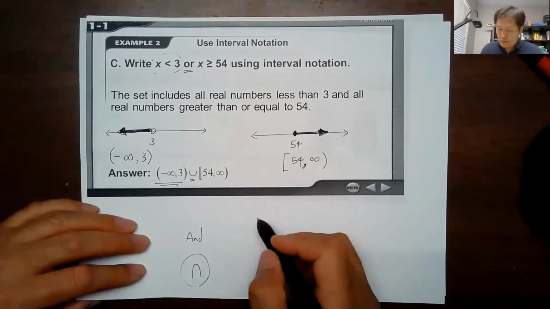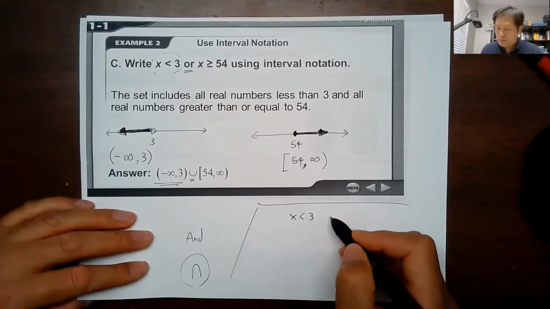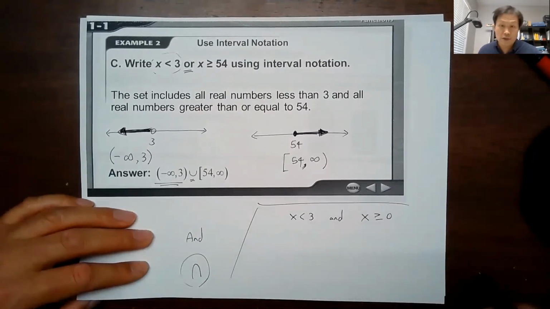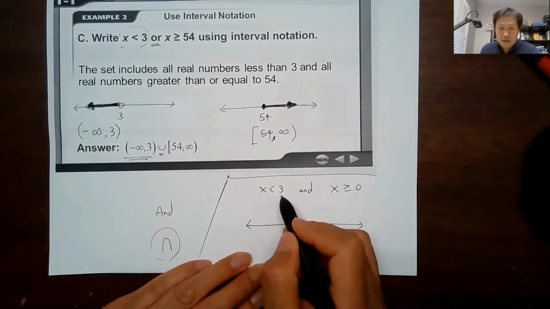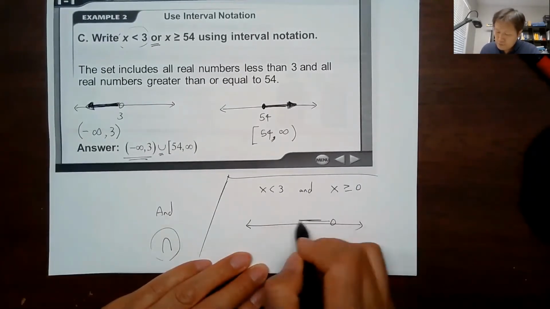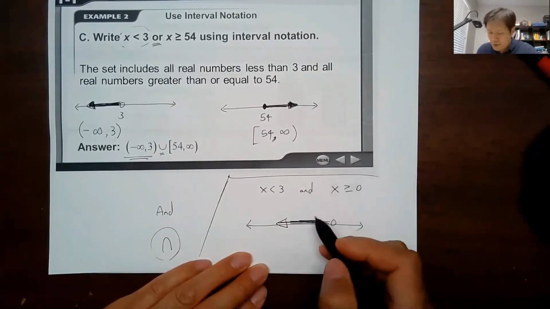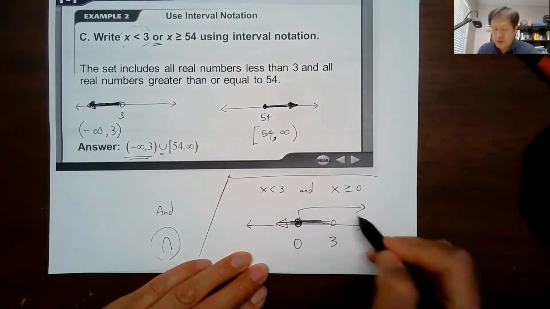So for example, if I say x is less than 3 and x is greater than or equal to 0, for example, this is a separate question, by the way. So 0 is somewhere over here. It's going this way.